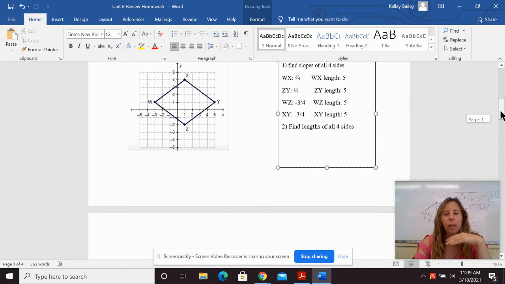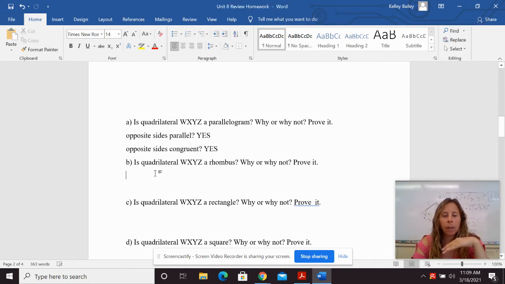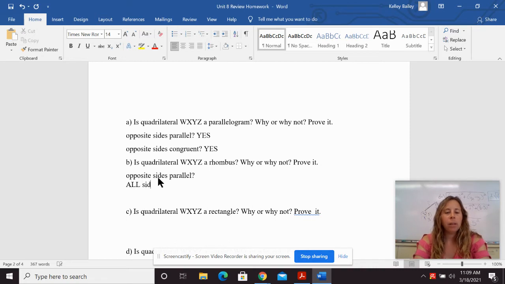Okay, that's fine. Now we have all of our information, so this won't take so long. Is it a rhombus? To be a rhombus, opposite sides have to be parallel, and all sides must be congruent.